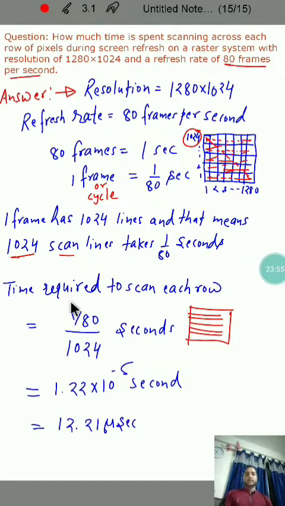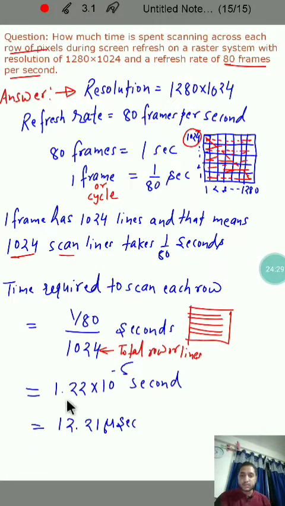Now we are asked the time required to scan each row. How much time is spent scanning across each row of pixels? How much time will it take for this refresh rate? So it is very easy: 1/80 is the time taken for one frame, divided by the total number of rows, horizontal rows, which you can also call lines. So what will you get? You will get the time for one line. How much time does it take to scan one line?